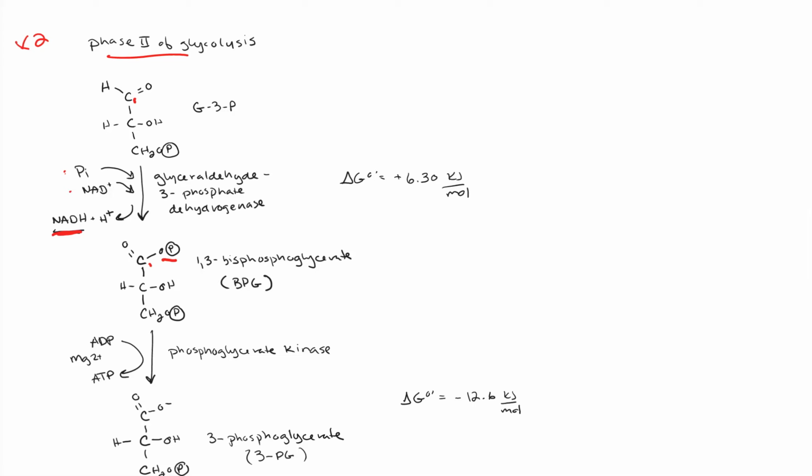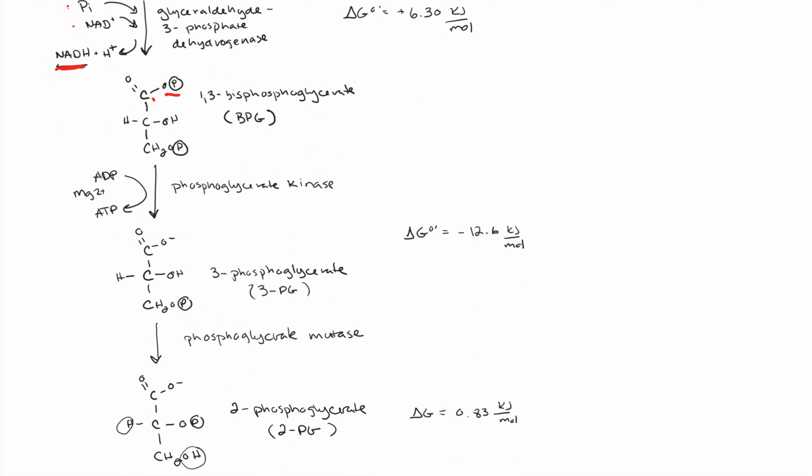And what we'll see in subsequent reactions is that this less favorable reaction that's operating near equilibrium will be pulled through via Le Chatelier's principle by highly favorable reactions. So, moving along, we are now at 1,3-bisphosphoglycerate, or BPG, and 1,3-bisphosphoglycerate will be acted on by phosphoglycerate kinase, and this is going to be the metabolic break-even point in terms of ATP investment.